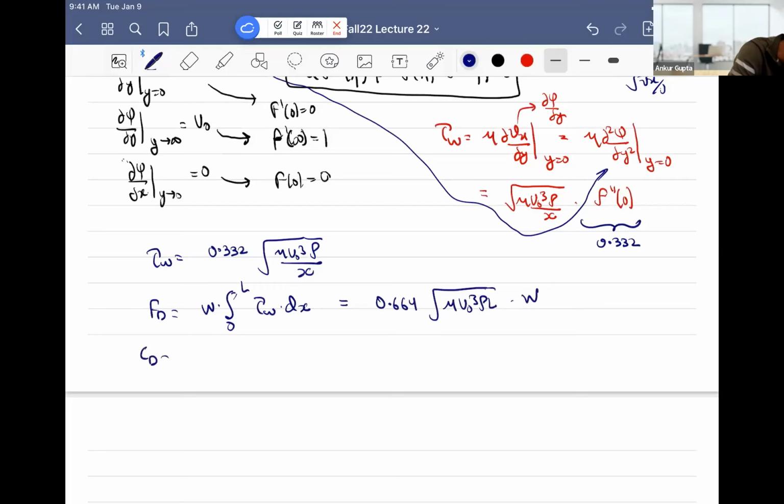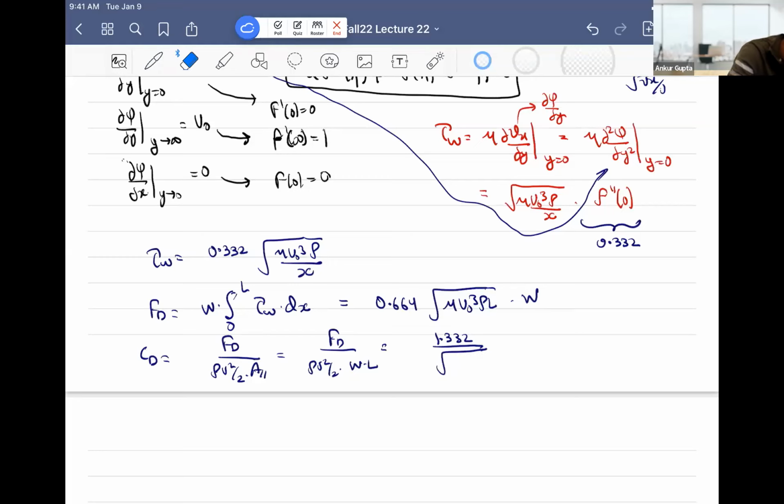And then the drag coefficient is F_D over rho u square by 2 times A parallel, which is F_D over rho u square by 2 times W times L. If you do that, it comes out to be 1.332 times the square root of mu u naught rho by L, that is, rho u naught L by mu.